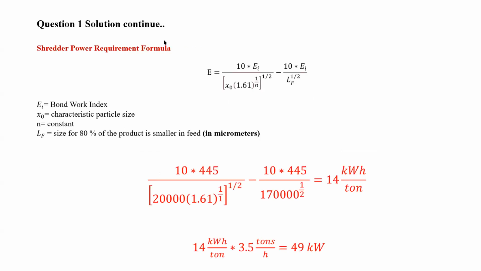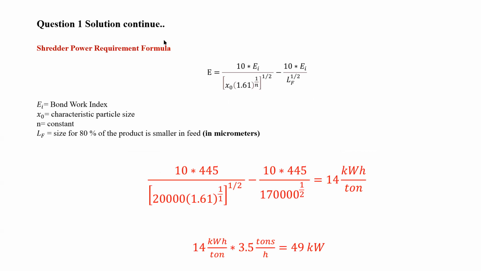For the work index parameter, Ei, we should put the number 445 into our equation. For the x0 and n parameters, we should put 20,000, which comes from the 2 centimeter to micrometer conversion, and 1, respectively. Finally, for the LF parameter, we should use 170,000.